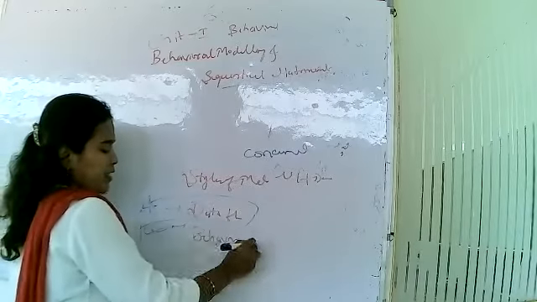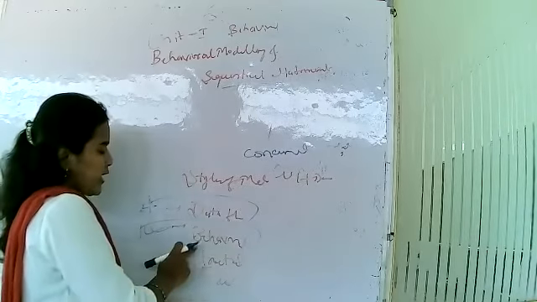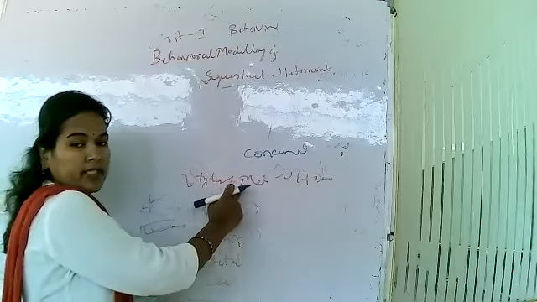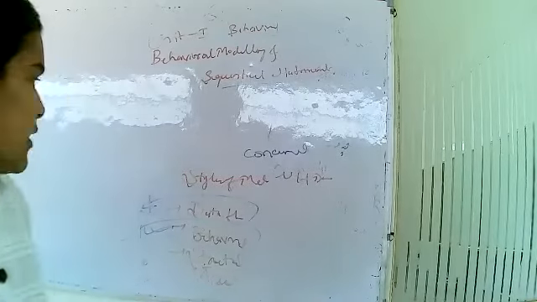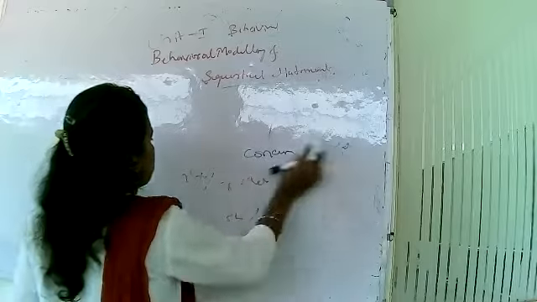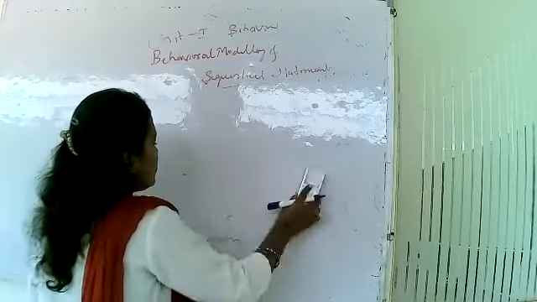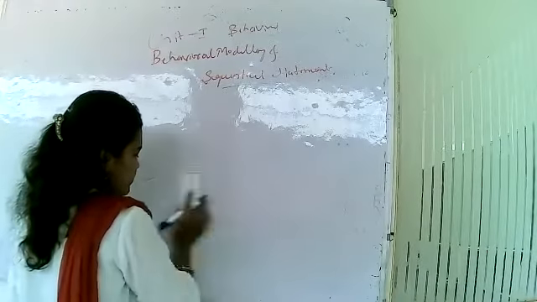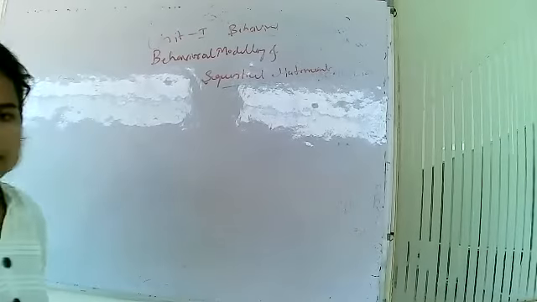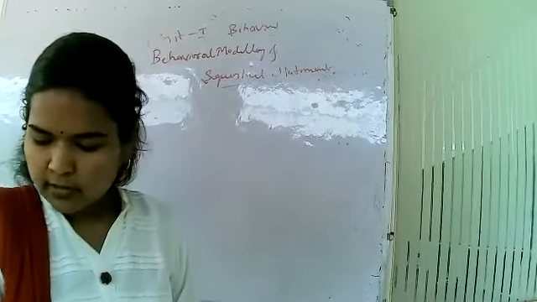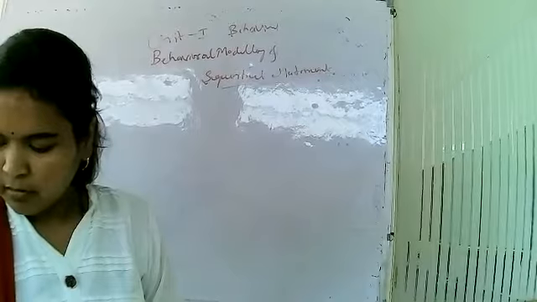Next is the second style of VHDL modeling that we are studying now. The second one is behavioral modeling, that we will study in this lecture. Behavioral modeling is also called sequential.